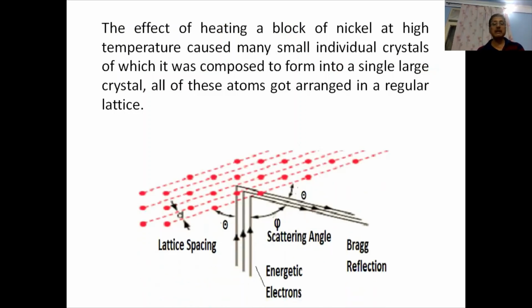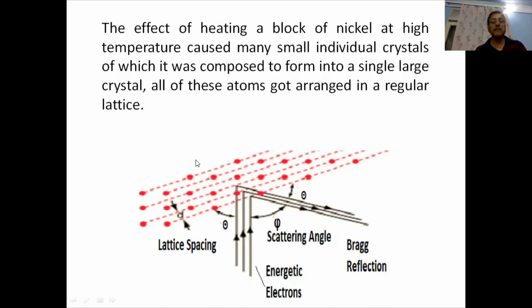You can see that this is the lattice, and these are the points at which the crystals are located, and this is the interplanar spacing, and we have the Bragg reflection taking place from these planes here. We have the electron being incident, and this is the reflected beam, and this is the lattice spacing.